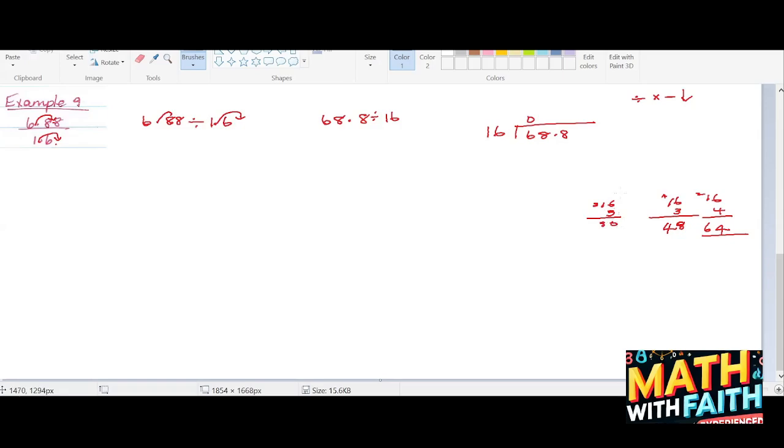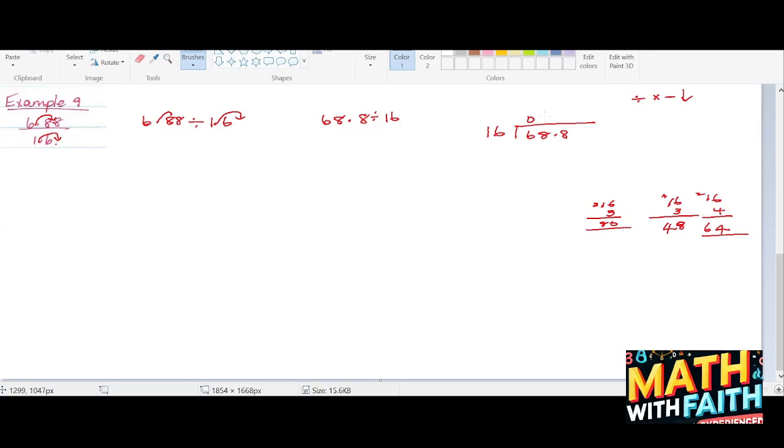So that's over. I need 80 things to have 5 groups of 16, but I only have 68 things. So I can only get 4 groups. That's the closest one without going over. So I could only get 4 groups of 16 from 68.